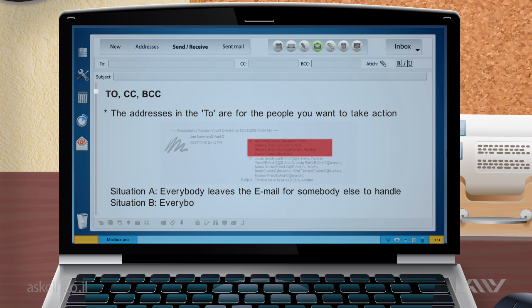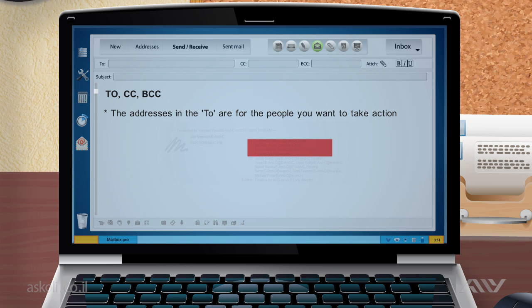And situation B is where everybody who receives the mail starts getting busy, and then we have duplication. The company who sent this mail told me that what they actually do is to write an action instruction next to every name. I, as I mentioned, prefer to keep the to section to as few people as possible.